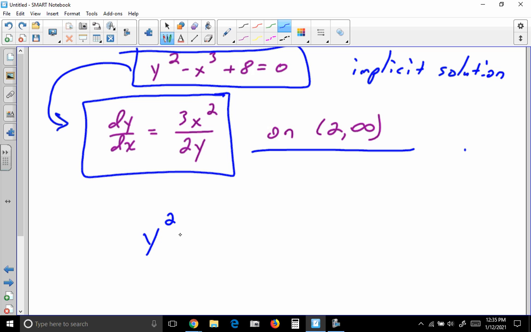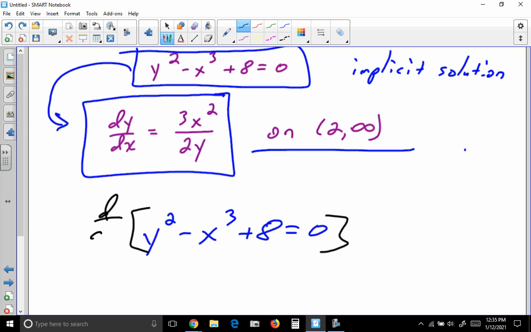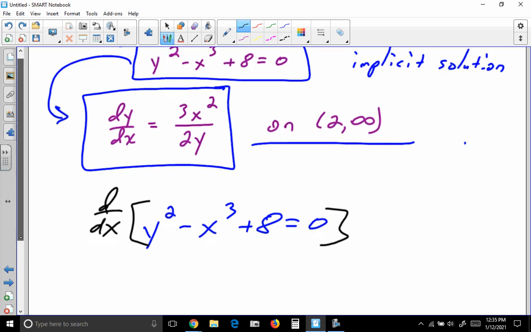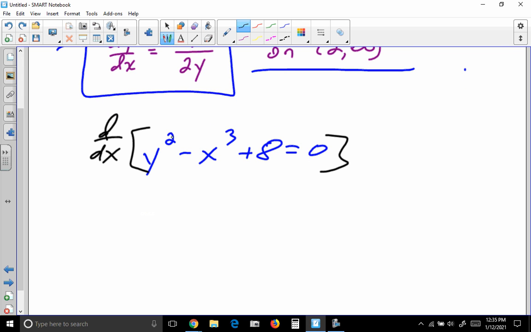So let's take this equation and let's take an implicit derivative. So we're going to take a derivative with respect to x because our differential equation is dy dx. So the derivative is with respect to x. All right, so to take a derivative of y squared, we bring the 2 down, y to the 1 less power times the derivative of y with respect to x.